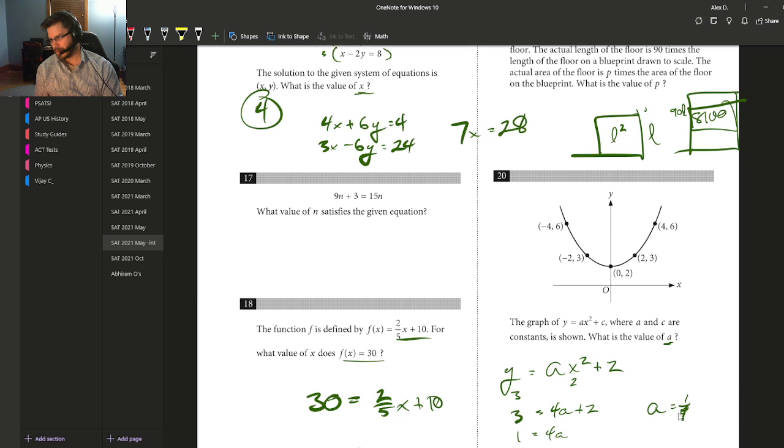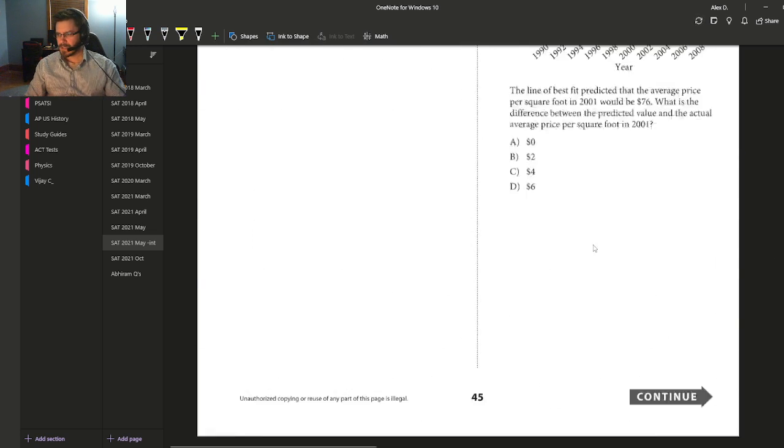Yeah, I knew that felt wrong. I've got to come up with a generalization for how to find that a value just by the translation of it. But anyway, a is 1/4, and we're done with the section. So let's go ahead and snag the answer key.